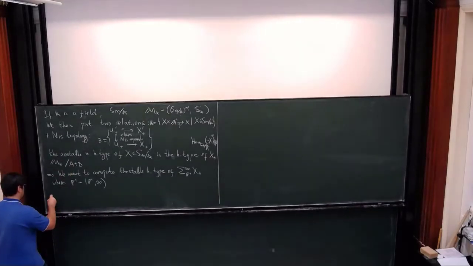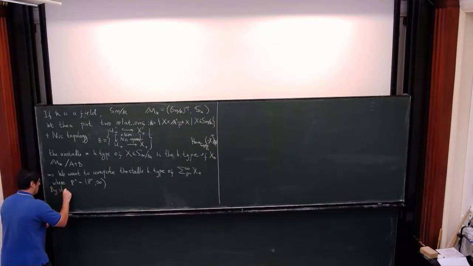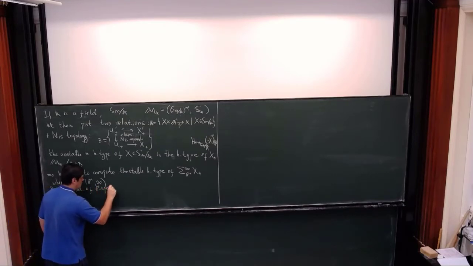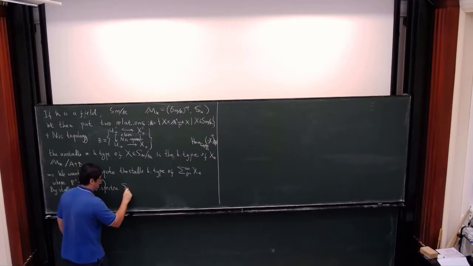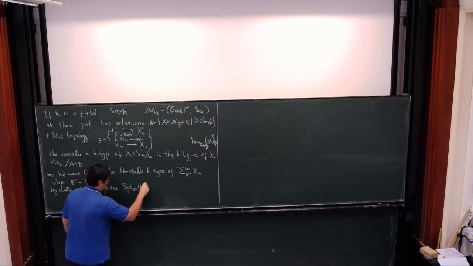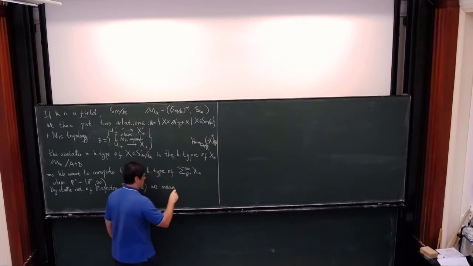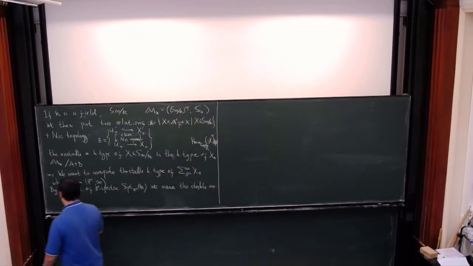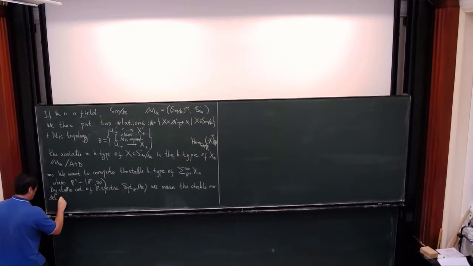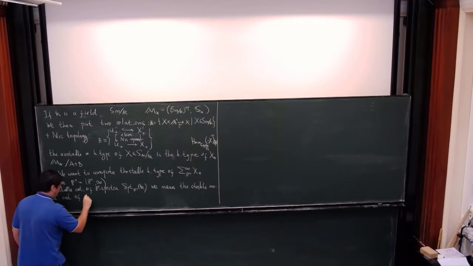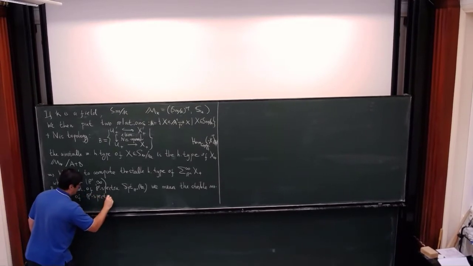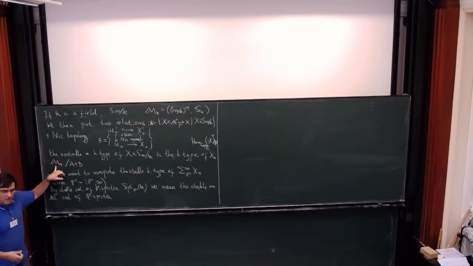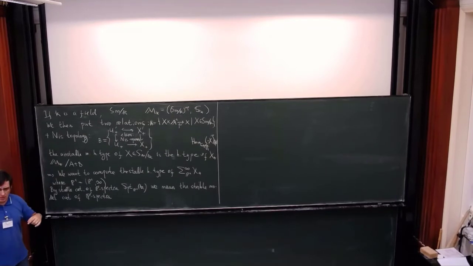Whereby by stable category of P1 spectra, denoted by this, we mean the stable model category of P1 spectra defined as usual, these are collections of objects in here of motivic spaces together with an action of pointed P1, and structure monomorphisms.